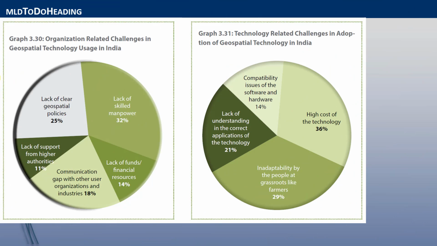In this next slide, these are the organization-related challenges for geospatial technology usage in India. The first major challenge is the lack of skilled manpower in India, people who are good and capable of handling these instruments and geospatial technologies. The next major issue is the lack of clear geospatial policies. What are these policies?